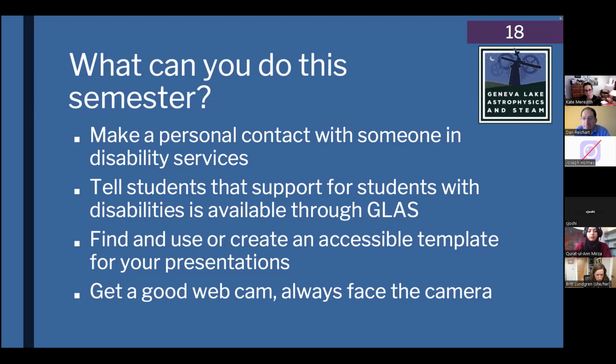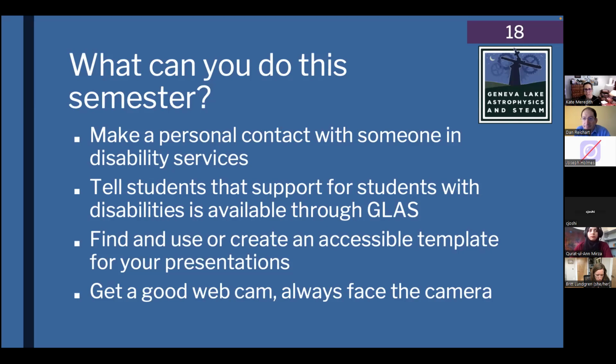I've also found that very few professors actually know or talk to disability services. So that's super important. Those people are skilled and talented, but STEM is typically not their strong point. And I want to be there to support all of them. Then tell students that support for disabilities is available from us if they need help.